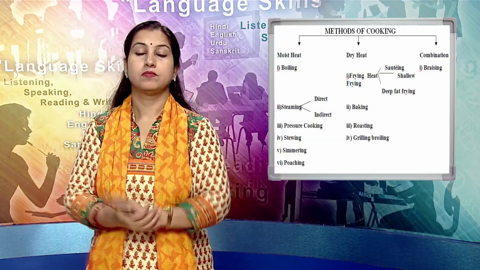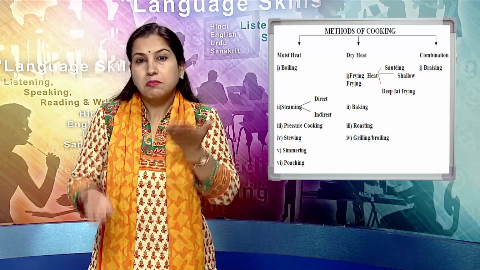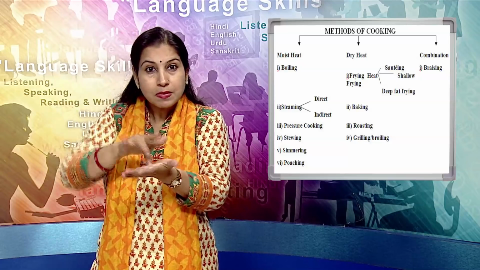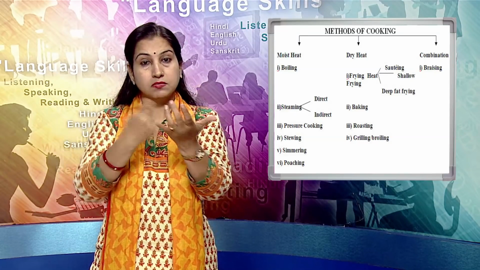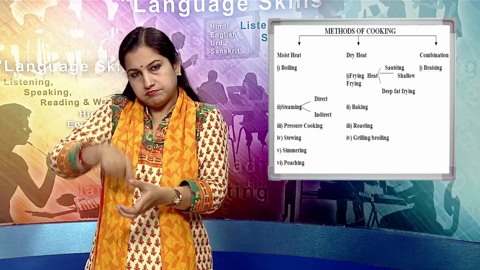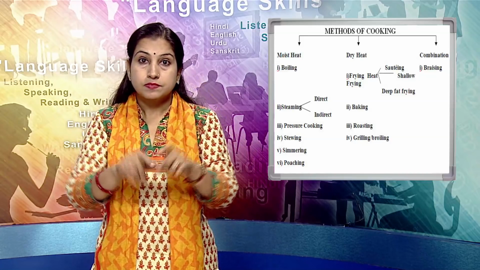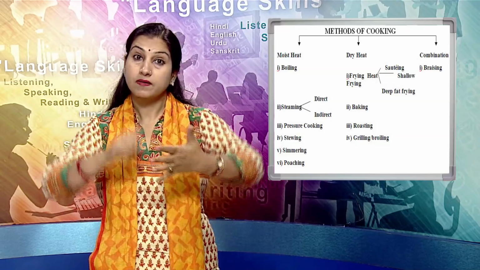The third point is pressure cooking. You must have seen pressure cooker at your home. That same cooking in pressure cooker is pressure cooking. The fourth one is stewing. The fifth one is simmering.